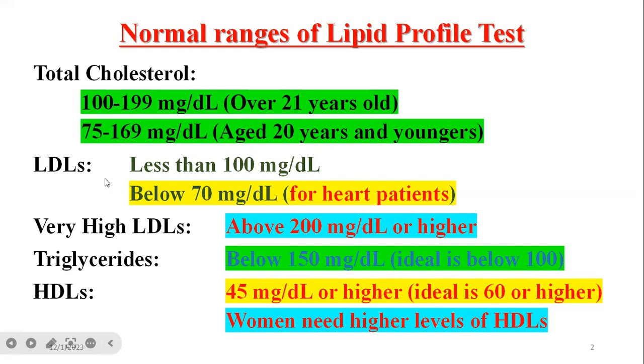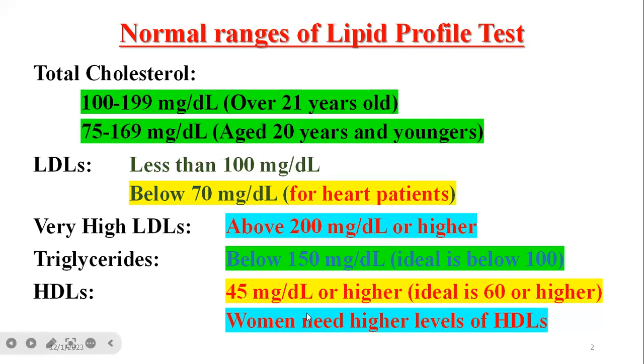The LDLs, also called bad cholesterol, should be less than 100 mg, and the ideal value is 70 mg for heart patients.